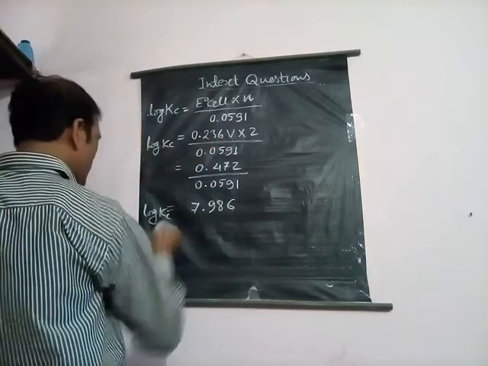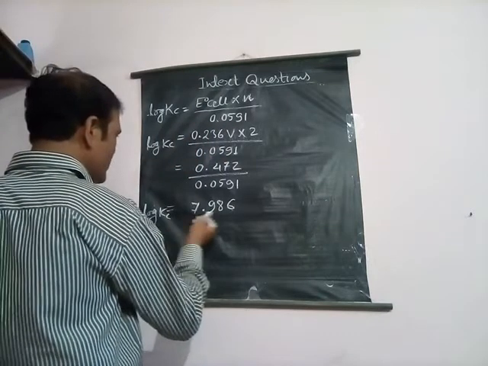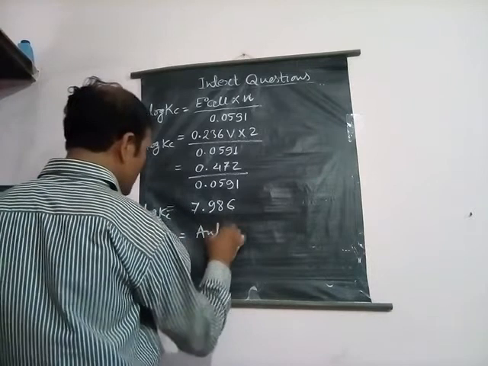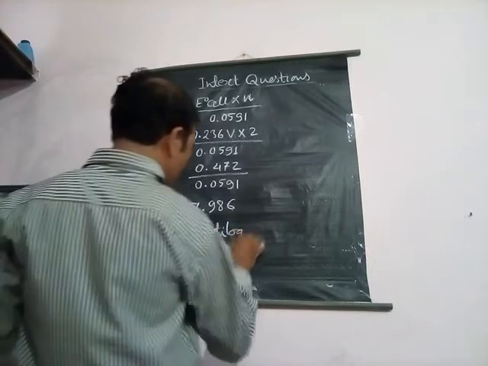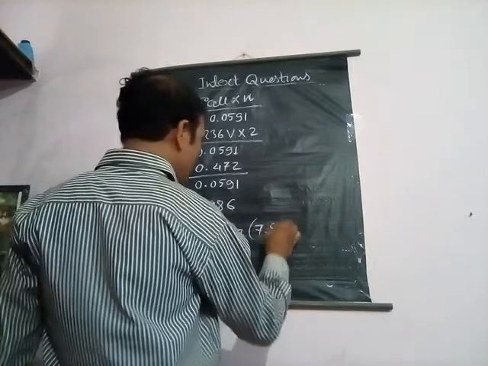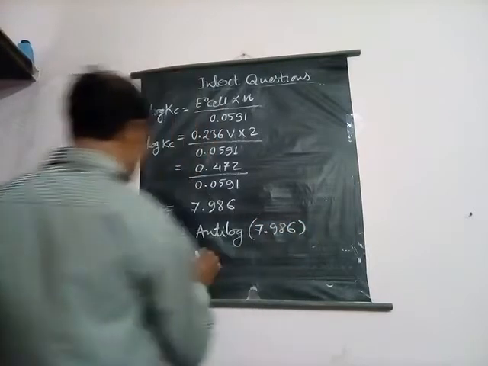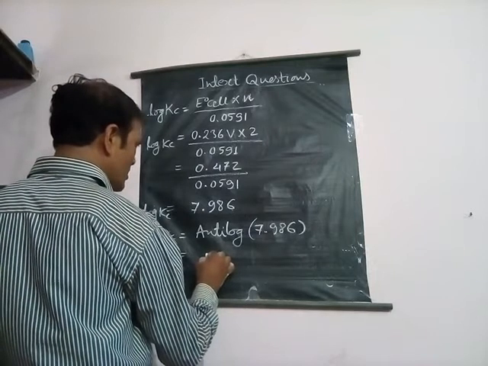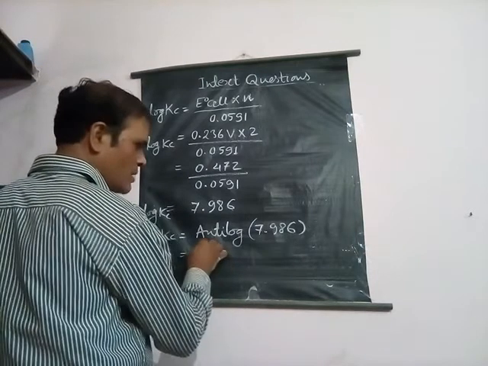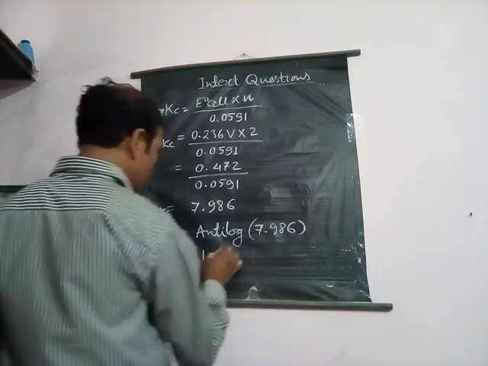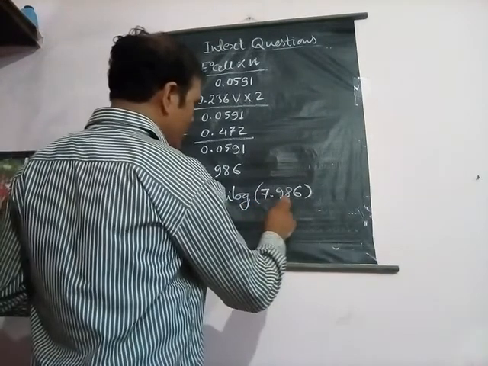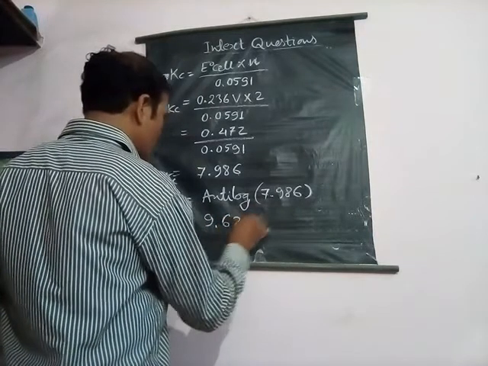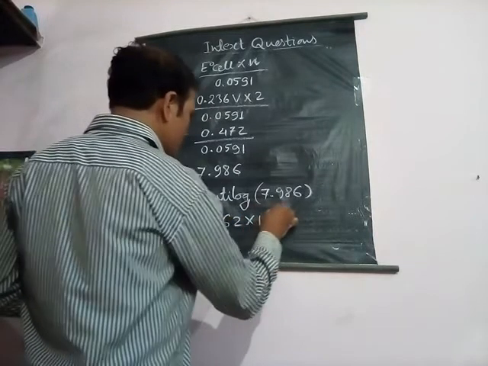To remove the log, take the antilog of this value: Kc is equal to antilog of 7.986, which is about 9.62 into 10 to the power 7.